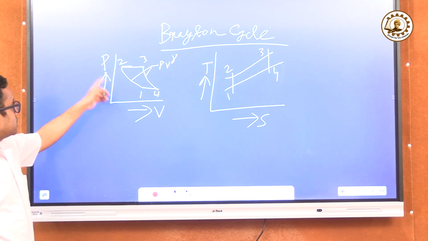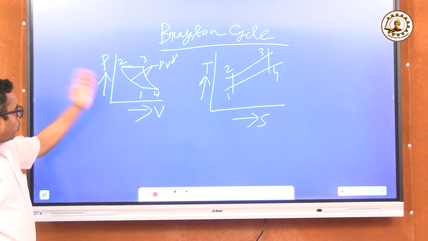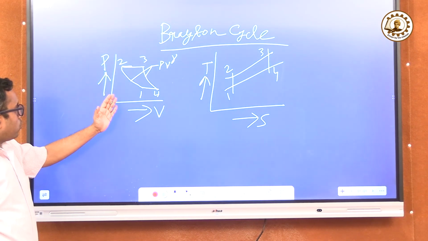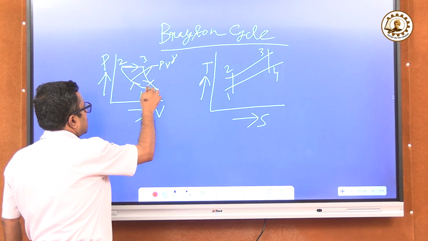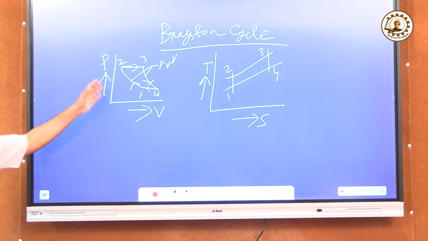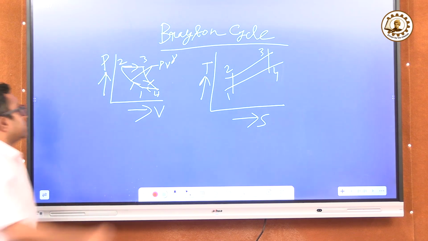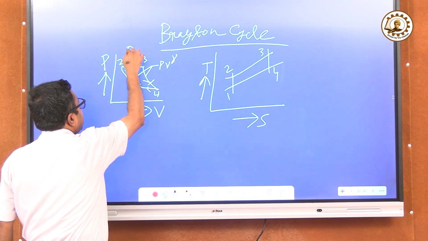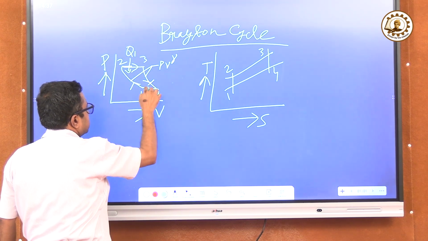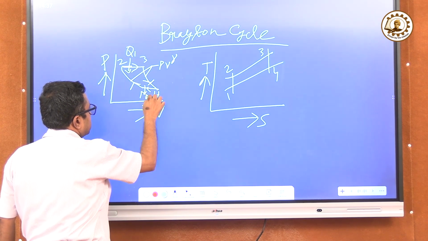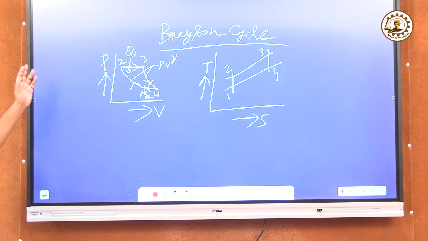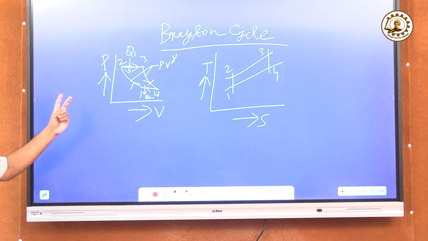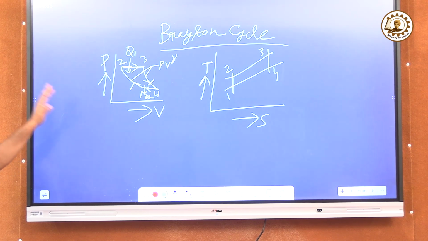For the Brayton cycle, both 4 to 1 and 2 to 3 are constant pressure heat addition and heat rejection. In our Otto cycle, the two heat addition and heat rejection processes happen at constant volume, but here they happen at constant pressure.